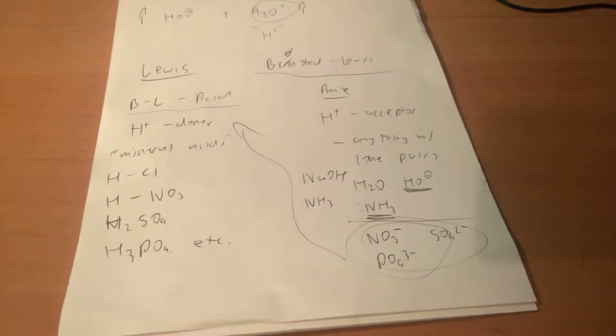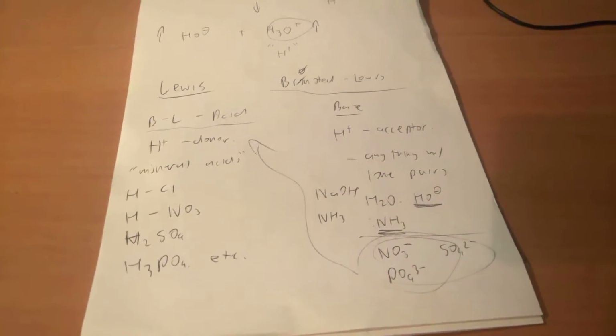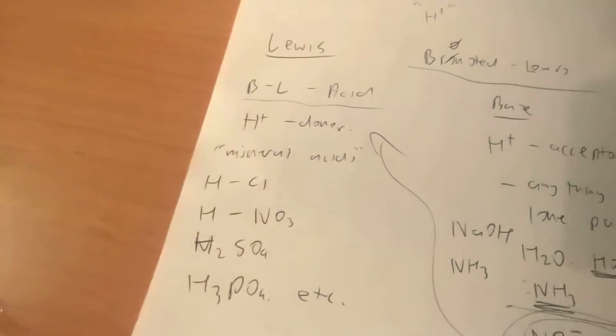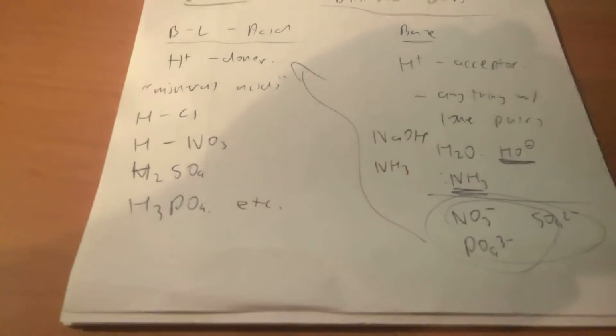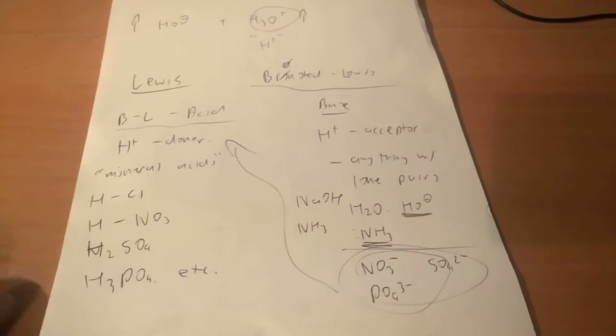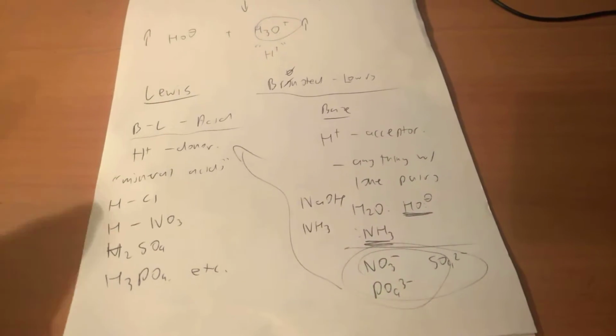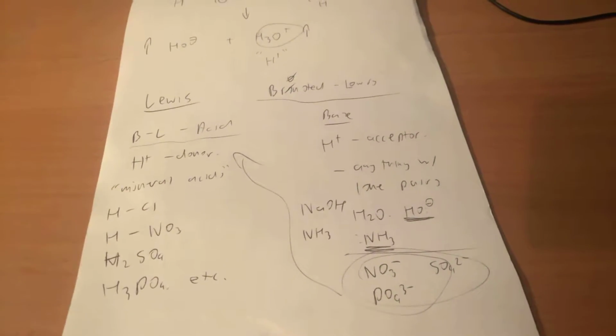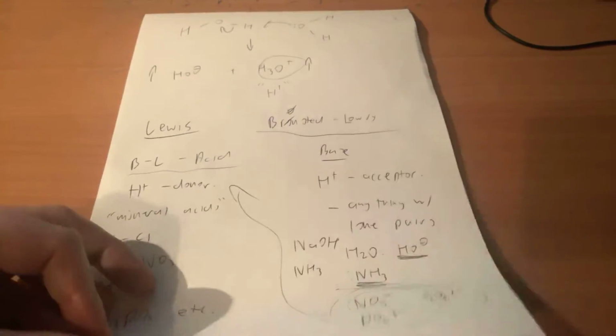Most of these are quite readily available compounds, and yeah, if you mix them with water, you'll get either an acidic or a basic solution. And that's the classical version of acids and bases from a GCSE chemistry point of view.